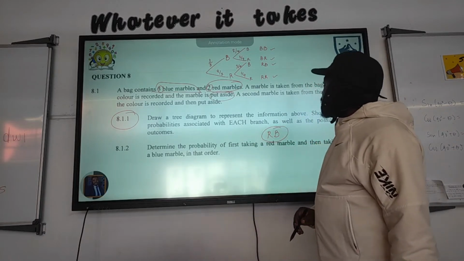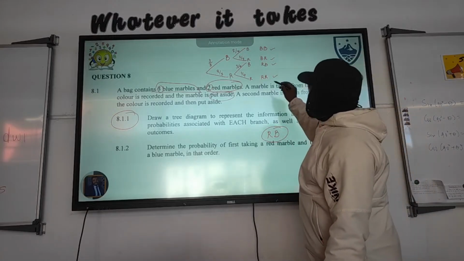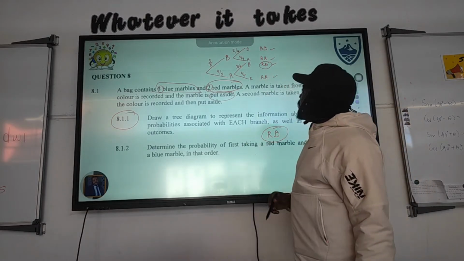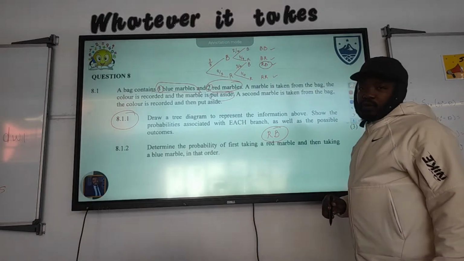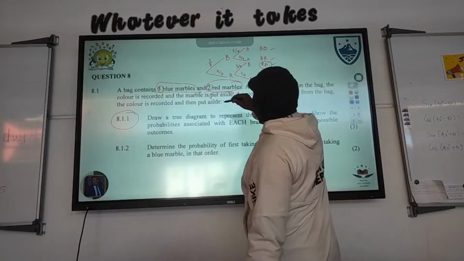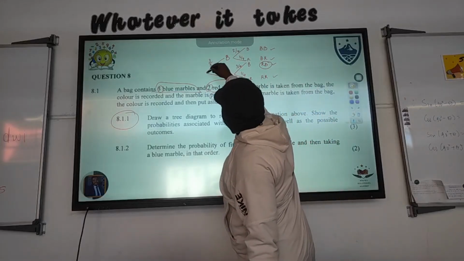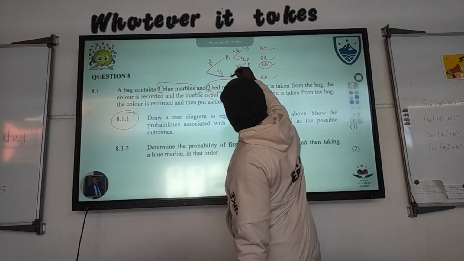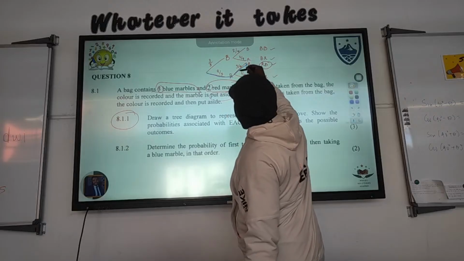They are looking for this combination. We look at the branch that will actually give us that. We look at this branch. Start with the red and then give us a blue.